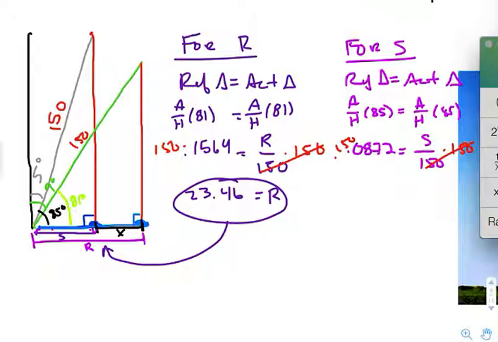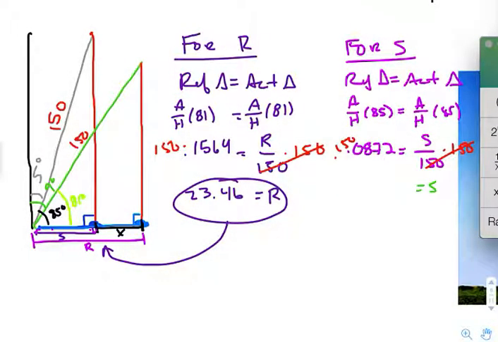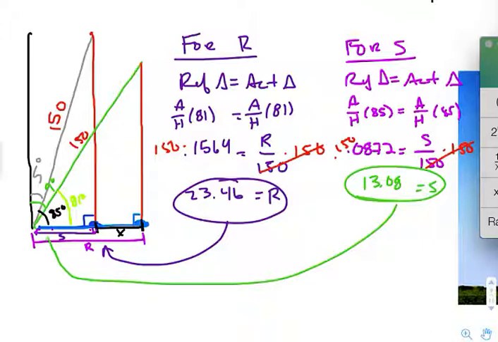So for the 5-degree tilt, this basket is 13.08 feet from the base of the tower. So that's actually going to be that one, okay?